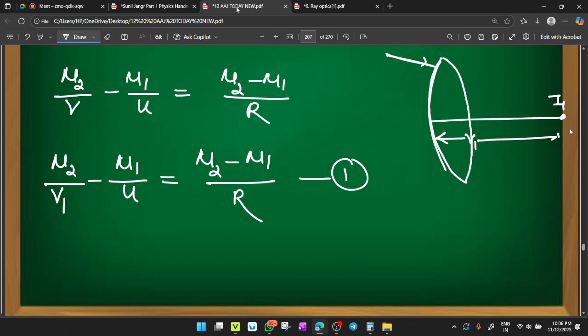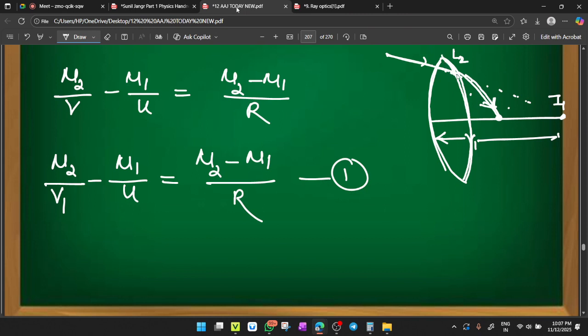Your image is finally in the denser medium as it is an intermediate image. Finally, there will be a refraction from denser medium to rarer medium because the final ray finds its image formed in the rarer medium. So once again there will be a refraction from denser medium to rarer medium by the second phase. Clear or not clear? Yes.